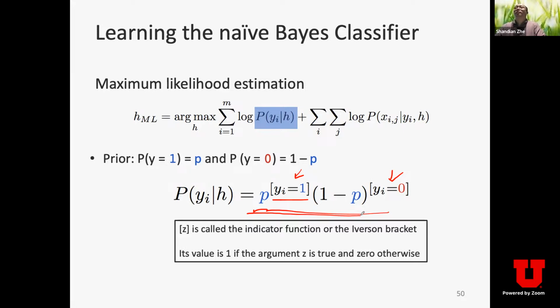If-else, right? If you want to write yi, you're going to use some big bracket: when yi is 1, then it is p, and when yi is 0, it is 1 minus p.